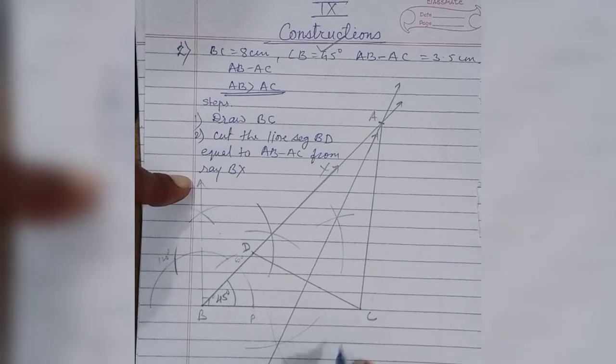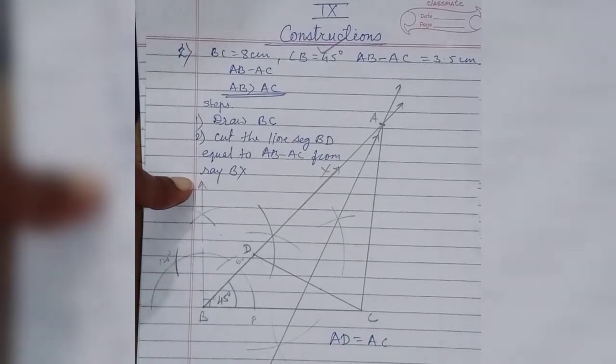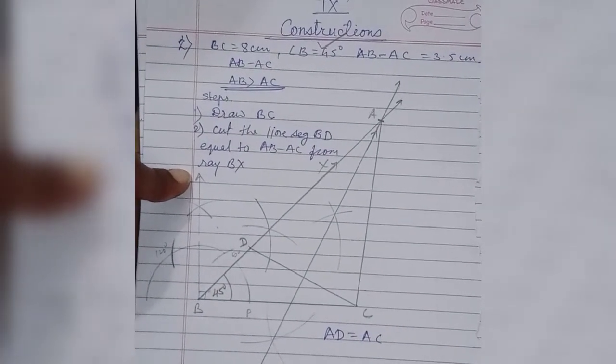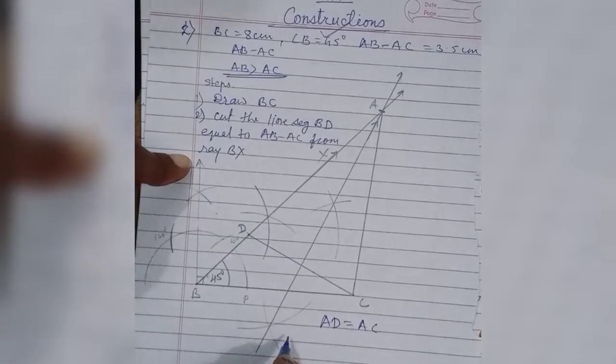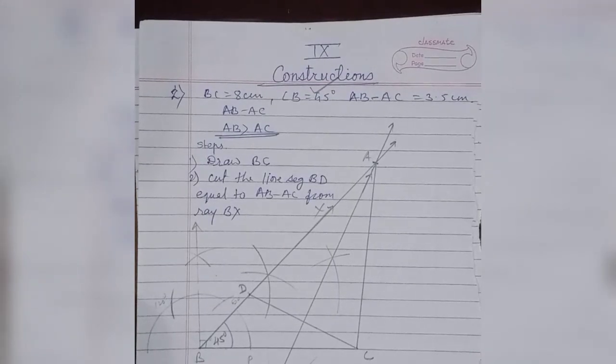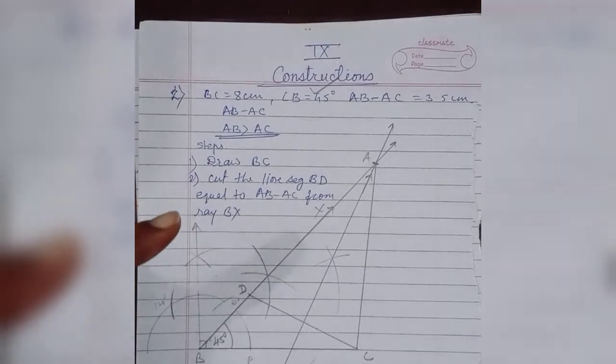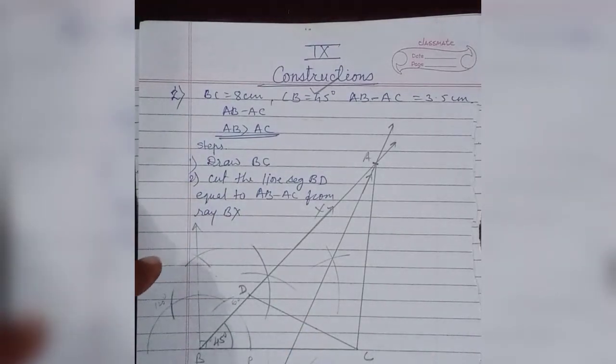Therefore, here AD is equal to AC. Why? The point A lies on the perpendicular bisector of DC. Therefore, AD is equal to AC.